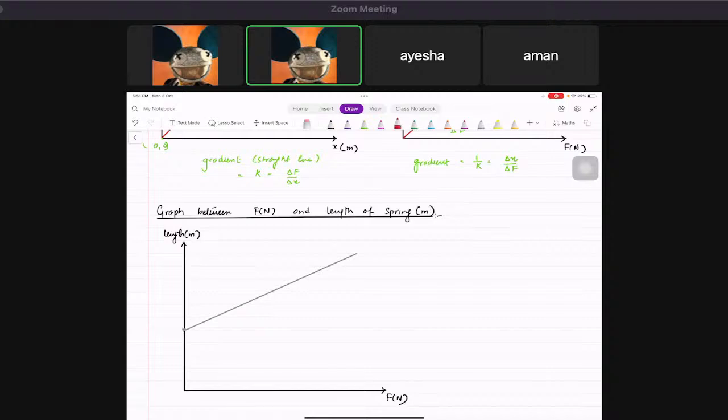This graph up till this value basically means the unloaded length, which is also sometimes called the original length, because when the force was 0, there was no extension, so it must be the original length of the spring. And after this, whatever the length is shown, this is the change in length due to the force. Is it clear, everybody?